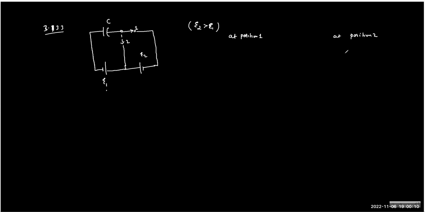Tell me, guys, you can choose whatever you want. E1 is this. So at position 1, which plate will get positive charge, which will get negative charge?